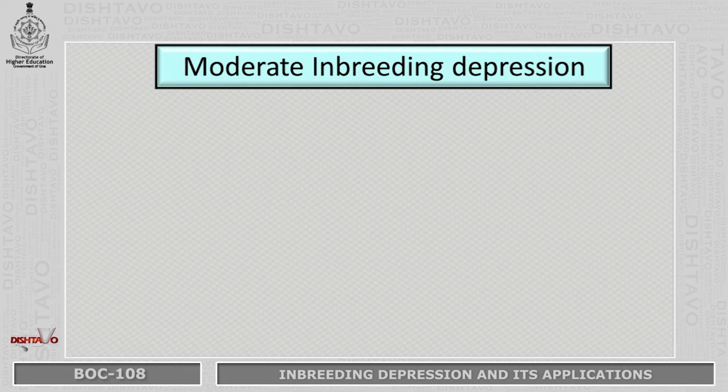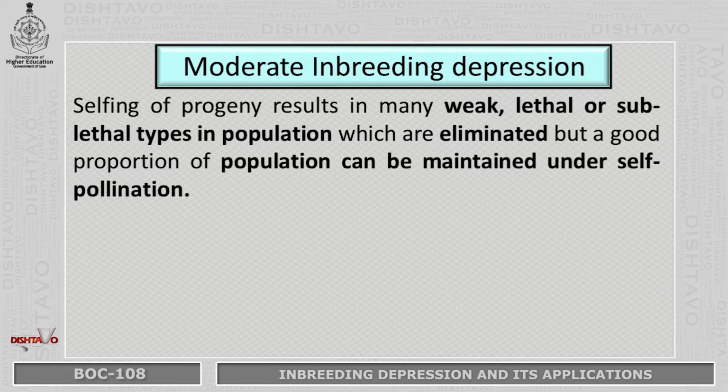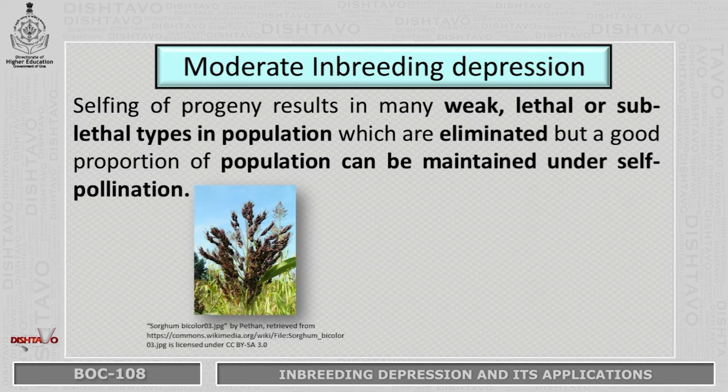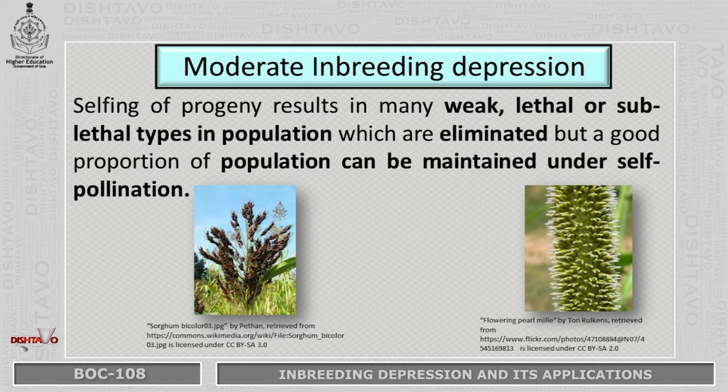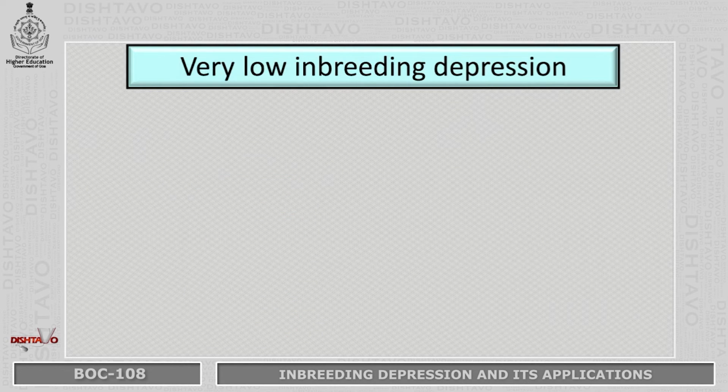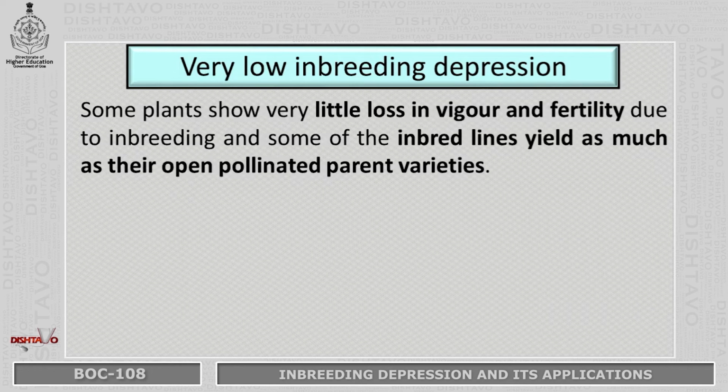Moderate inbreeding depression. In this, selfing of progeny results in many weak, lethal or sublethal types in the population, which are eliminated, but a good proportion of the population can be maintained under self-pollination. Examples of plants showing moderate inbreeding depression are jowar and bajra. Very low inbreeding depression.